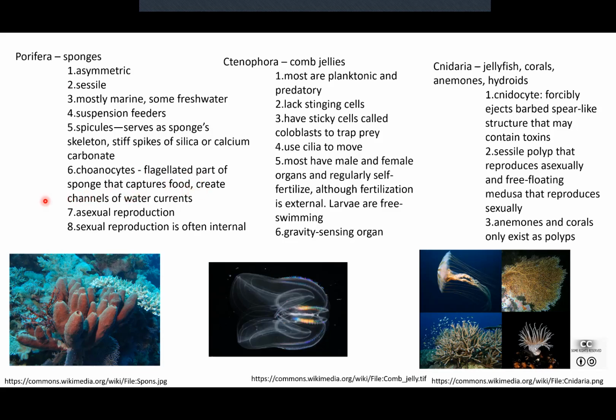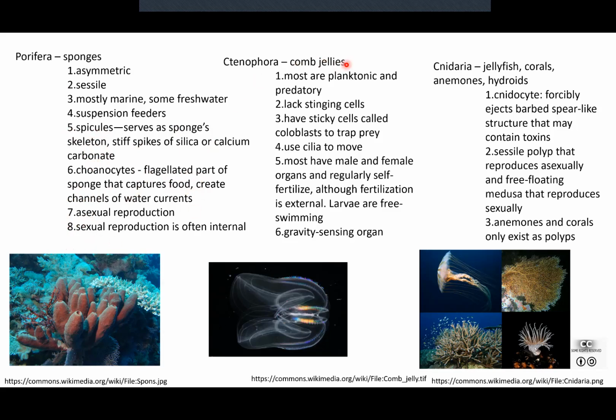They create channels of water currents to capture food particles. So that's how they filter feed. Sponges have spicules, which serve as the sponge's skeleton, and spicules are made up of stiff spikes of silica or calcium carbonate. So they can reproduce asexually or sexually.